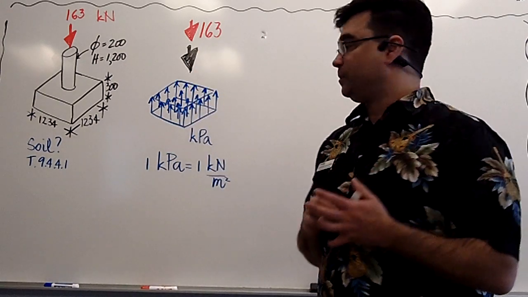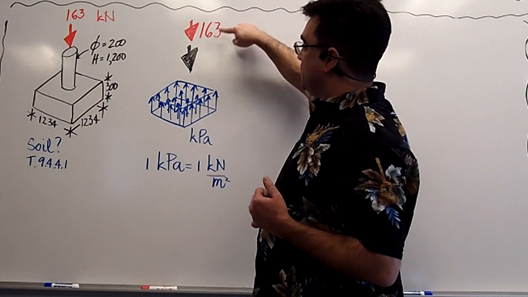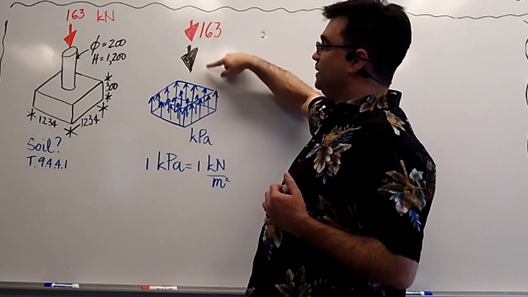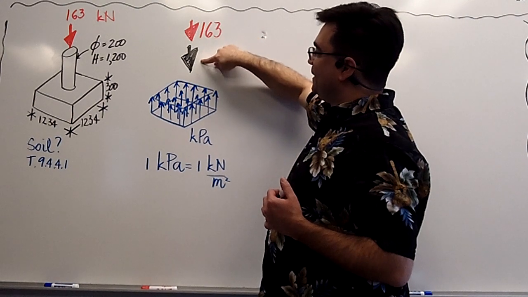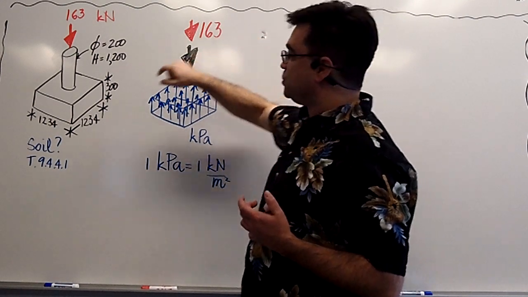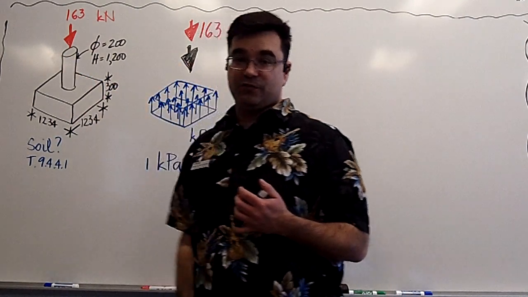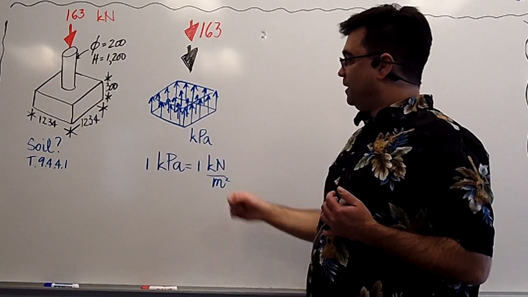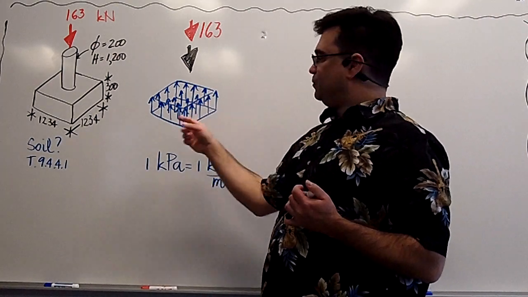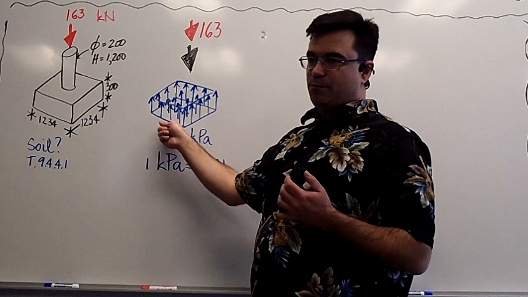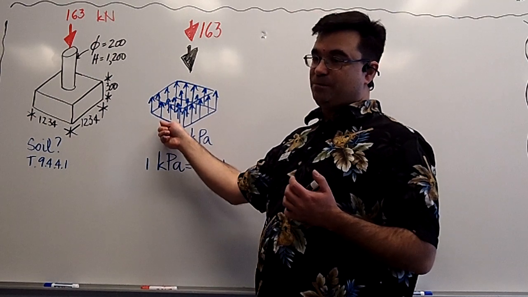But the difficulty comes from the fact that the force coming down is a force, right? There's the force from the building, and then the force we're going to figure out together from just the weight of the reinforced concrete. But somehow we have to balance that out against the bearing pressure of the soil, right?